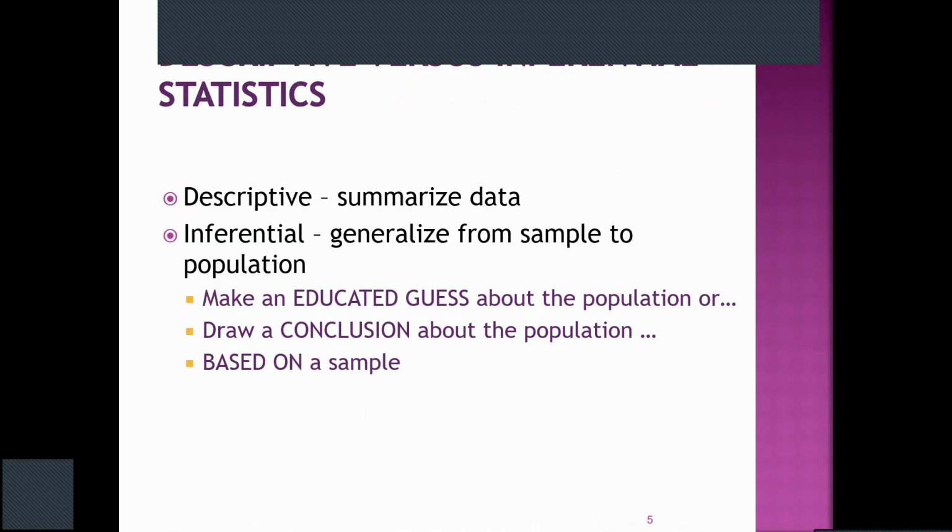So usually we're using statistical summaries from our sample to make an educated guess about the population or draw a conclusion about the population. And we're going to spend a lot of time this semester talking about how to do that and how to understand our level of uncertainty associated with those educated guesses and conclusions.